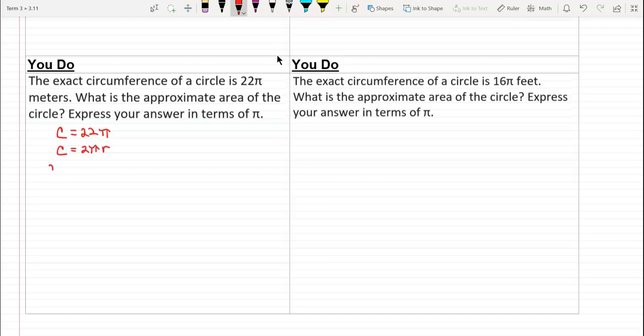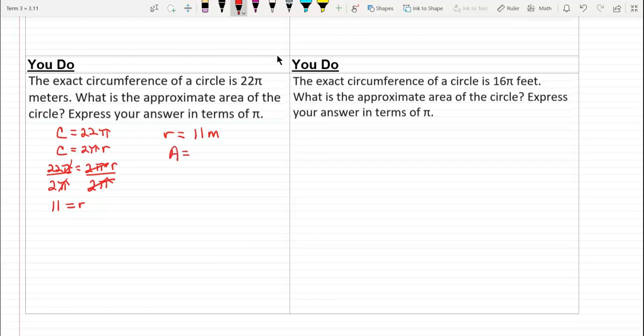So let's substitute. Again, we'll leave pi alone as it is because we're going to express our answer in terms of pi. Let's divide by 2 pi to isolate r. Pi divided by pi is 1. 22 divided by 2 is 11. So as we can see here, we have a radius of 11 meters.